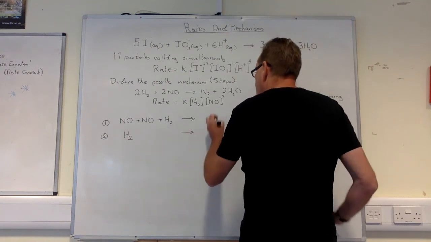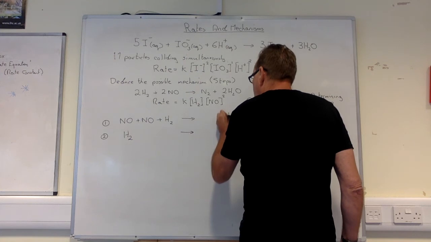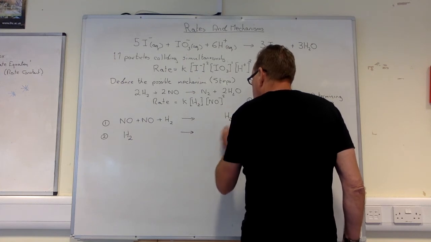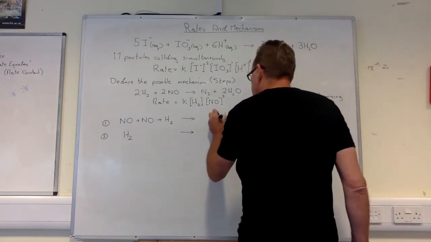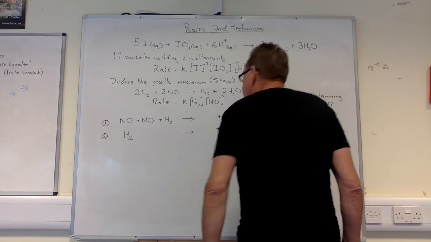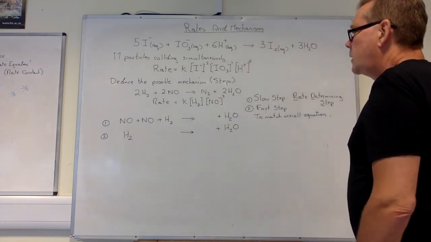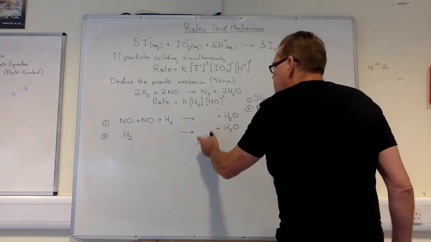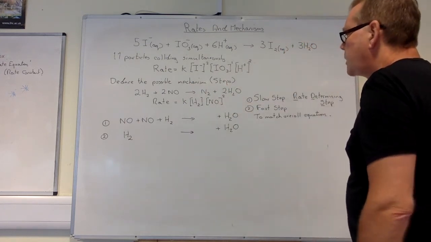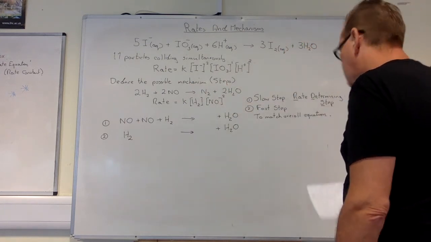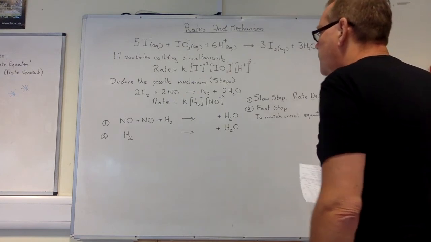So maybe 1 water made in that one and 1 water made in that one. Okay, try that. Now, combining these must match the overall equation. So, how am I going to do that? Now, I've got to make some nitrogen as well, right?